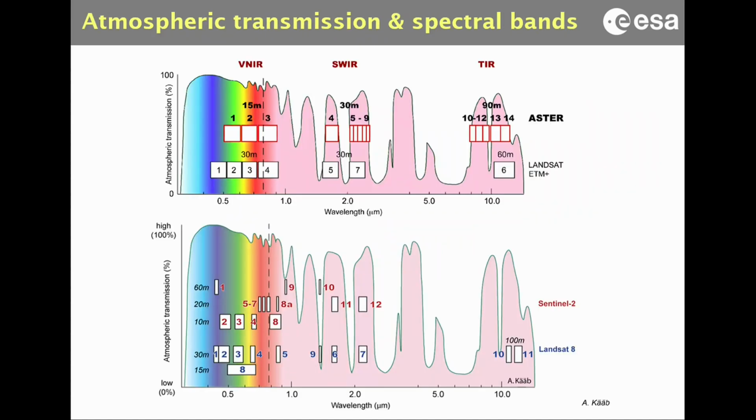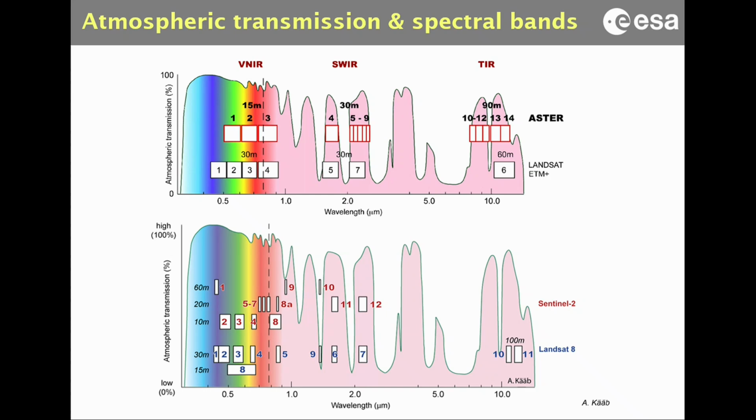range to the left. And you have seen this slide also yesterday, or at least a part of it. This just shows the atmospheric transmission as the curve you see in the background. And the point here is that all optical sensors, be it ASTER or Landsat or Sentinel or whatever, they have their bands about at the same place.